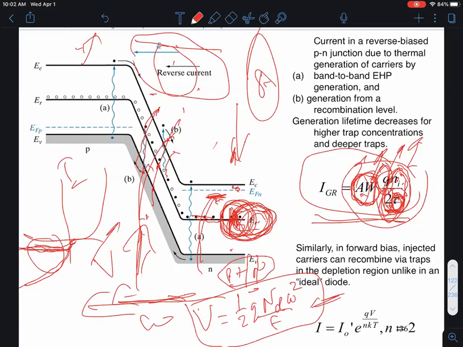And the solution of the Poisson equation will have the same form in the depletion region, regardless of whether I'm looking at the depletion region of a diode or a BJT or a MOSFET, MOSCAP. So this result that we got by solving the Poisson equation can be applied not only for PN junctions, but also for other devices.